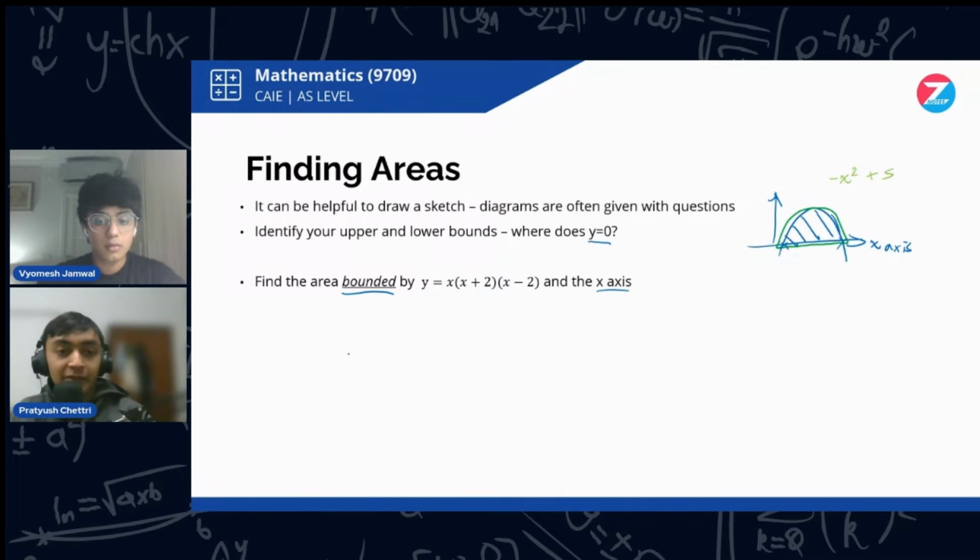It's helpful to draw a sketch first, so I will here. It's given in factor form, so I can just see where it crosses the axis. It crosses at x equals 0, another at x equals 2, and another at minus 2. Question is, is it a smile up-down or a down-up? Does it really matter? Probably does.